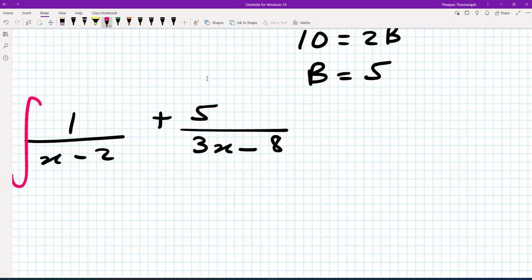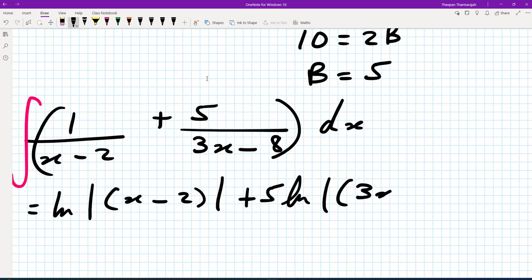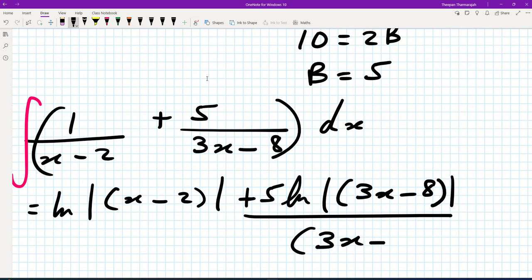So I'm going to put an integral sign here, put some brackets, put a dx. So what we get is ln mod x minus 2 plus 5 times ln mod 3x minus 8 divided by the differentiation of that. I'm going to write it in full, plus c.